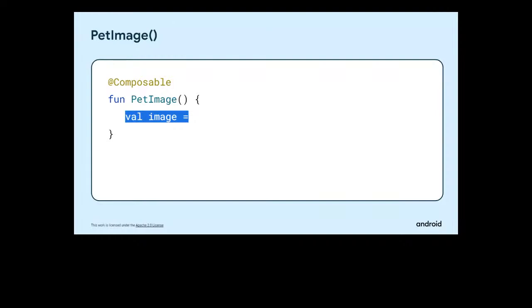And what this val will contain is something called a painter resource. A painter resource is the entity which loads a drawable image and takes the ID of that image as the parameter. How does that happen?